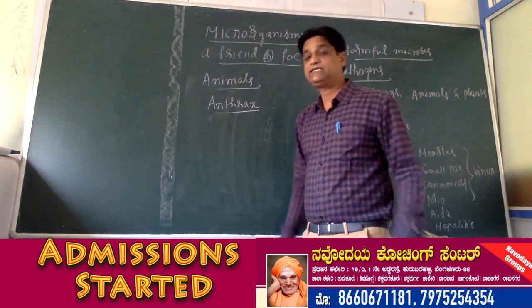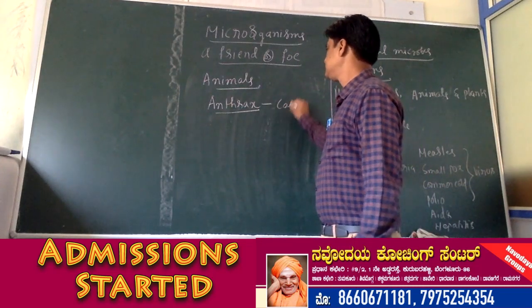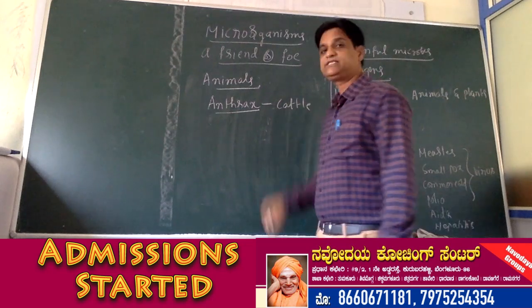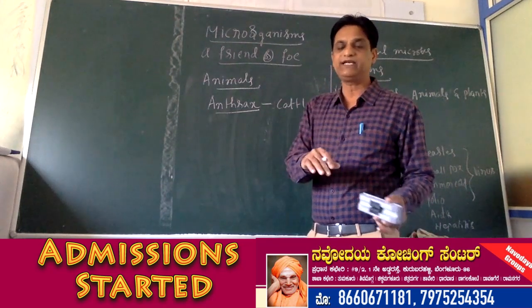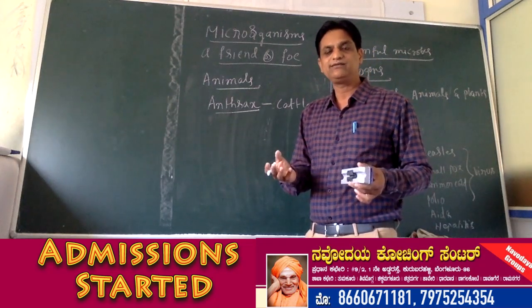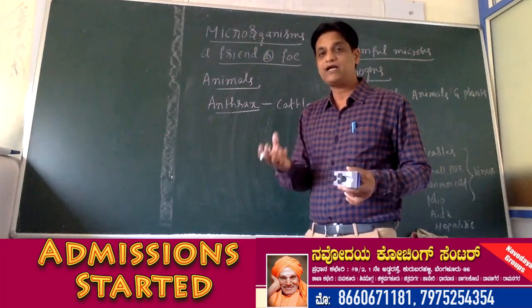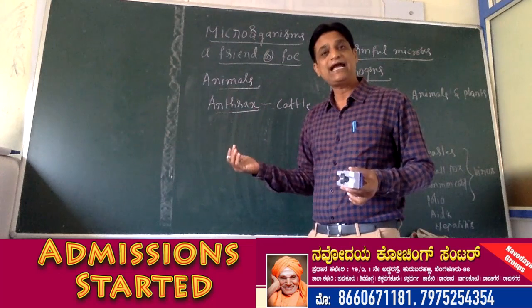So anthrax is a deadly disease which is caused in cattle, and from cattle it can be transmitted to human beings also. Suppose we drink the milk from a cow which is suffering from anthrax, we may also get anthrax.